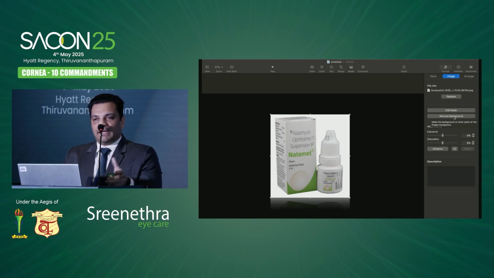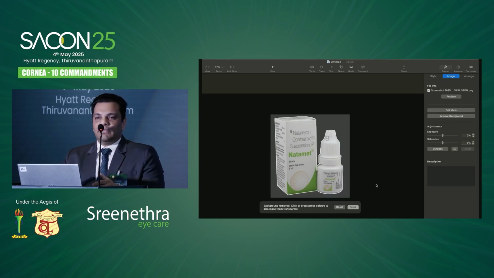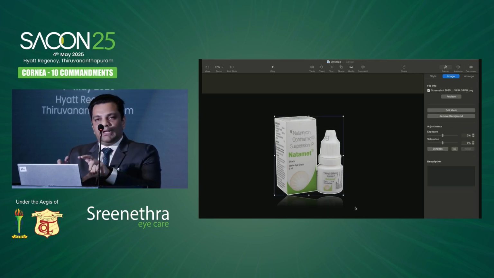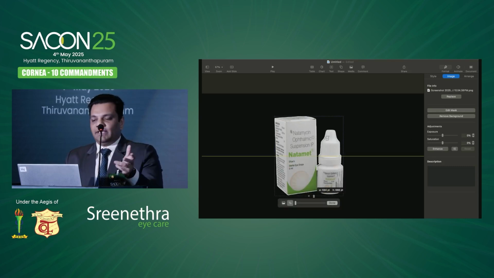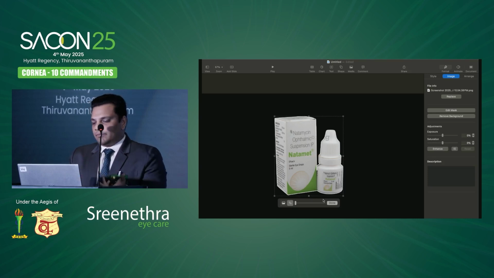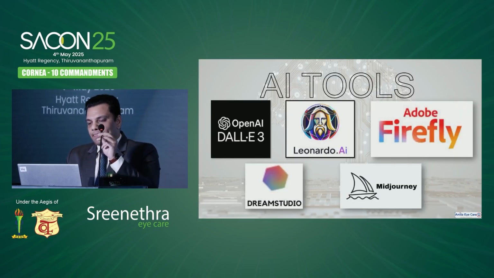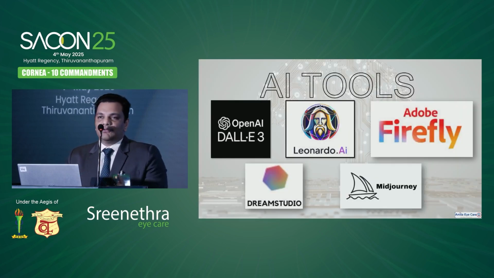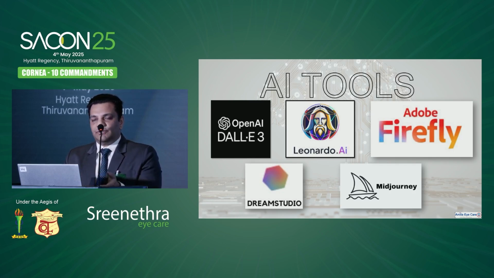If you remove the background of the image, like how you do it on Keynote, you get only that part of the image which you can put in your PowerPoint, and it looks visually better to see only that part, with the background removed, which is not significant. So some of the AI tools you can use to get images: you have DALL-E, that's again by ChatGPT. Then you have Leonardo AI, Firefly, Midjourney, Dream Studio. The last three are paid and it's a little complicated to use.